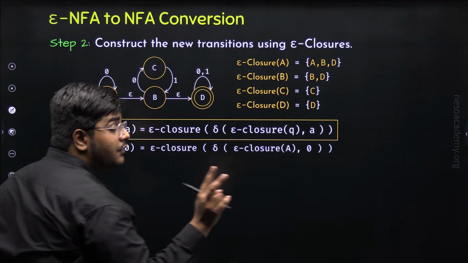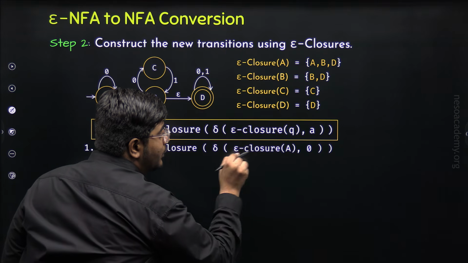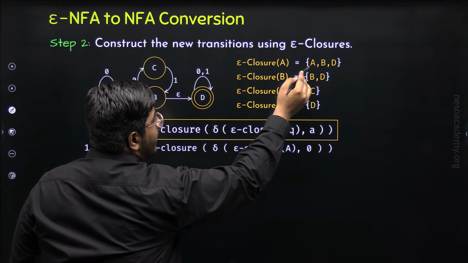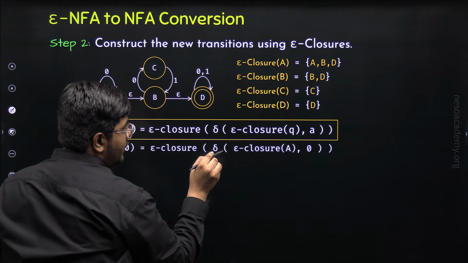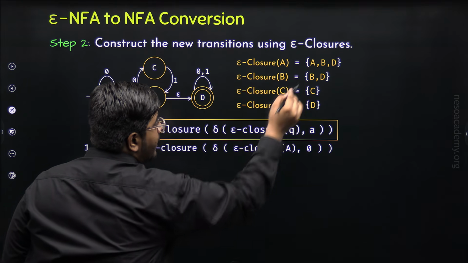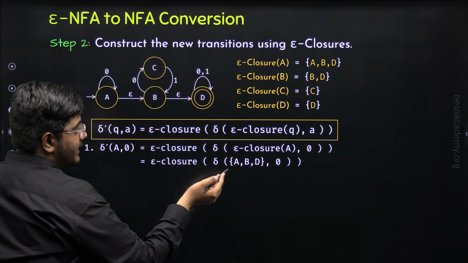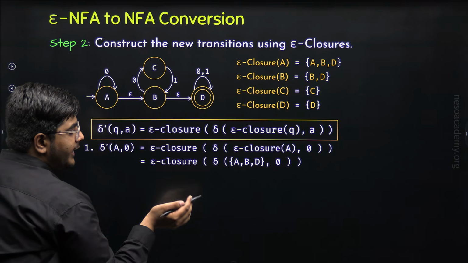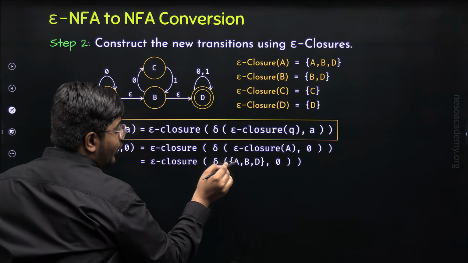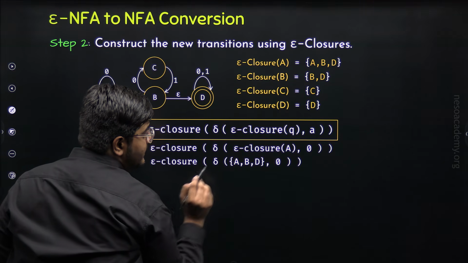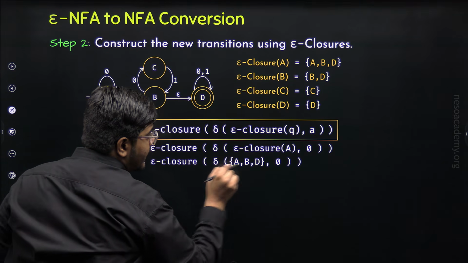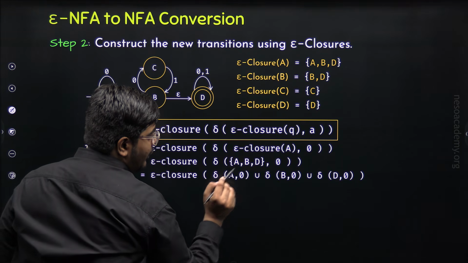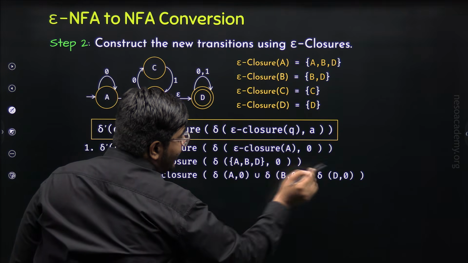According to this formula, first we have to calculate the epsilon closure of A. And here we can see epsilon closure of A is equal to A, B, D. So we will replace this epsilon closure of A by this value. And we can see here we have written A, B, D. Now we need to calculate delta of A, B, D on input symbol 0. So we can expand this as delta A, 0, union delta B, 0, union delta D, 0.